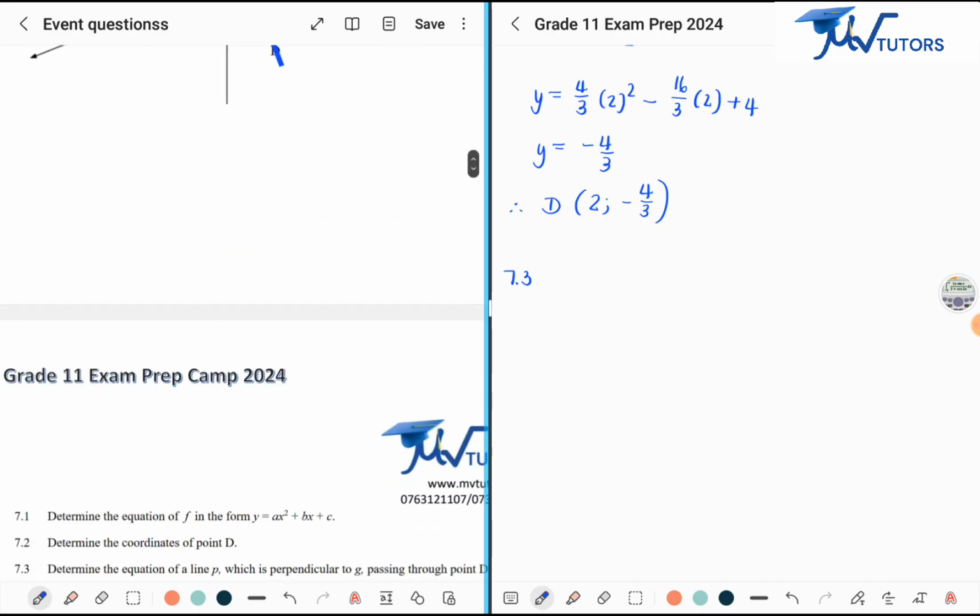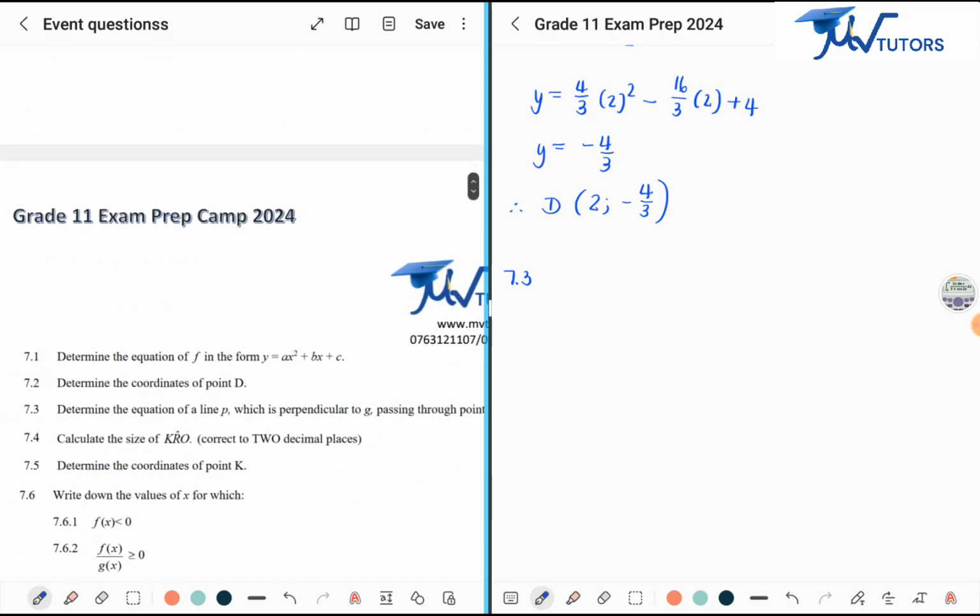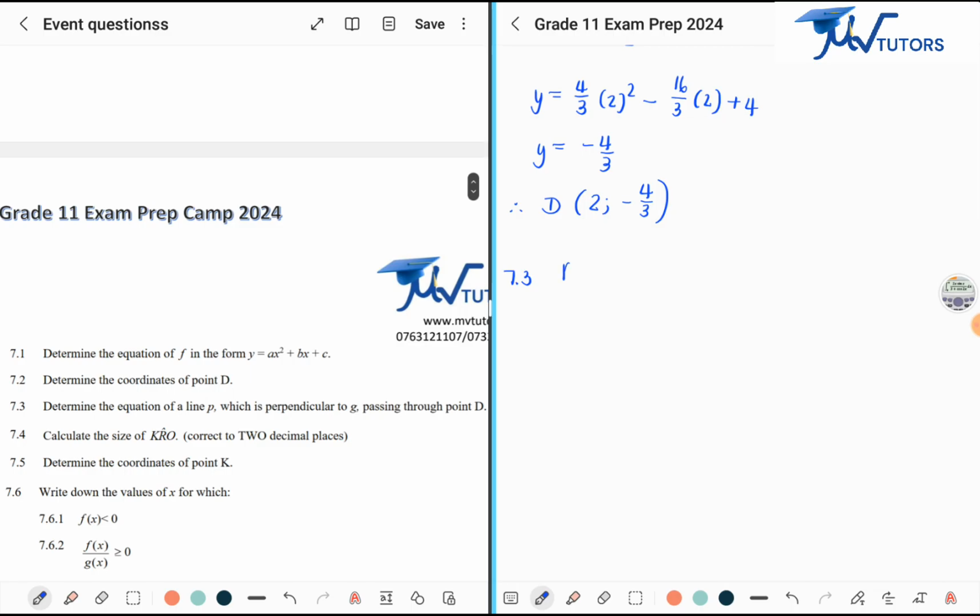Now, if you're going to get the equation of a line, what do we need? To get an equation of a line, we need a point, and they've already told us we have D. So you see how important it is to make sure that in the previous questions you get the right answer, because you carry on with it. So D is a point, and then I need a gradient. How will I get a gradient?